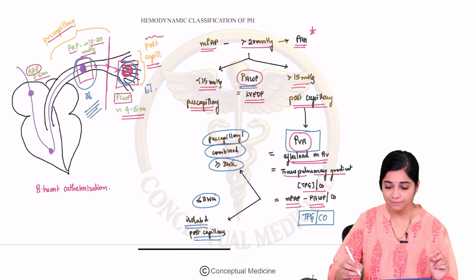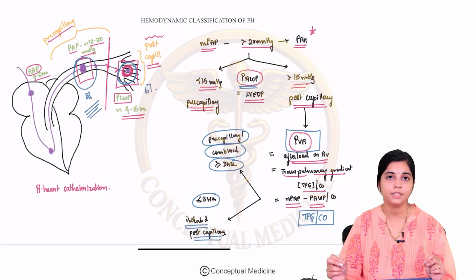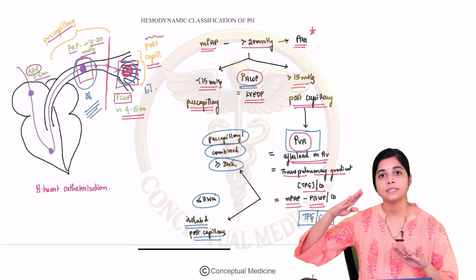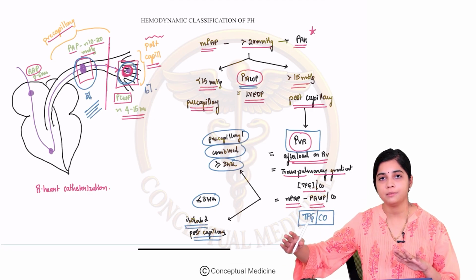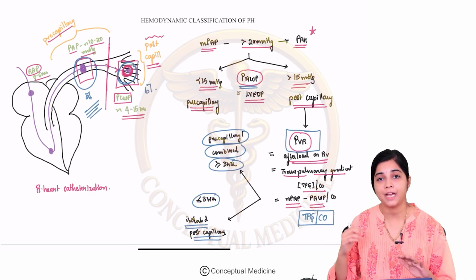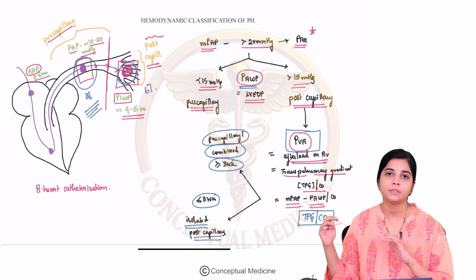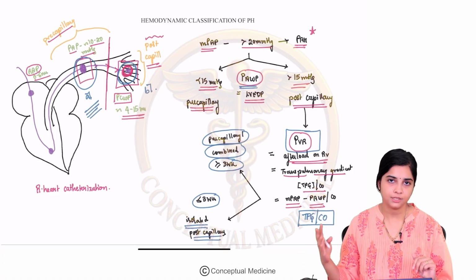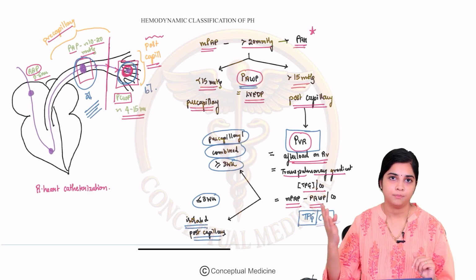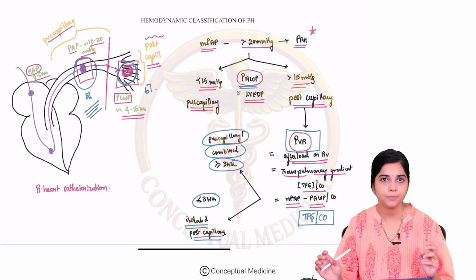If it is more than 15, then it is a post-capillary pulmonary hypertension. Post-capillary means any cause which is causing pulmonary hypertension after the capillaries, predominantly the left side of the heart. So your LV-EDP rises, LA pressure rises, then your post-capillary hypertension is going to be predominant.